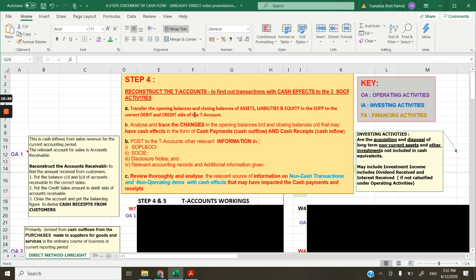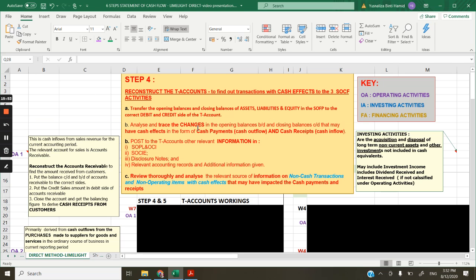We need to transfer the opening balances and closing balances of your assets, liabilities and equity from the SOFP to the correct side. So opening balances should be transferred to the debit side if it is an asset, and the credit side for the closing balances. For the liabilities, the opening balances should be transferred to the credit side, and the closing balances should be transferred to the debit side, for liabilities and equity. You need to do that.